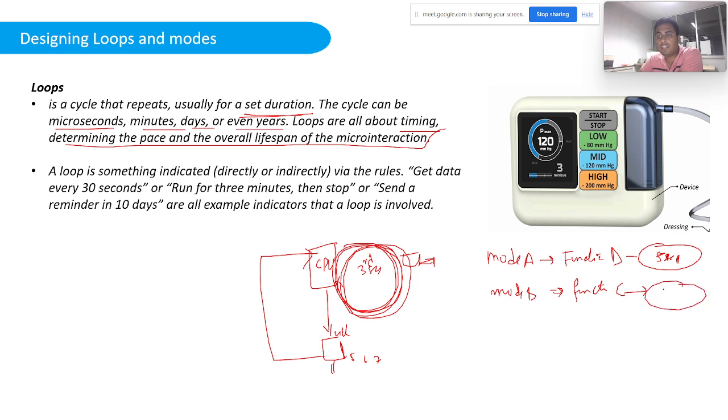Function C needs only 2 seconds. So when you select a particular mode, that mode may run for 5 seconds depending upon the functional requirement of that particular mode. Similarly, if mode B needs 2 seconds, it will enter that functional mode and then run for 2 seconds. So modes are also determinants of the timing for which a loop will run.